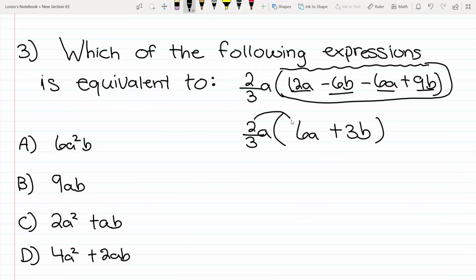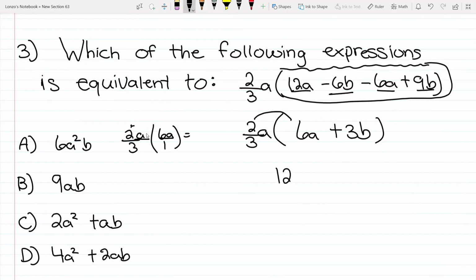FOIL out this 2/3. So what is 2/3 A times 6A? If you're completely lost on how to multiply fractions, it's 2/3 A, and you could put the A on the top or center, it's up to you, times 6A over 1. So on the numerator, you're multiplying 2A and 6A, so you're multiplying the constants and the letters. What's 2 times 6? 12.